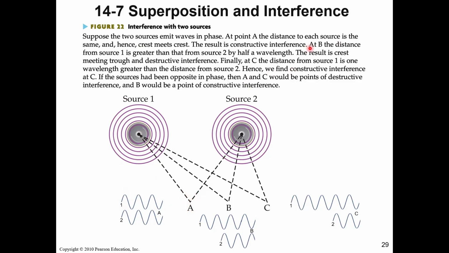And then there's spot B. At spot B, the distance from source 1 is greater than that from source 2 by half a wavelength. So when the wave travels from source 1 to B, it will travel half a wavelength more than the wave traveling from source 2.